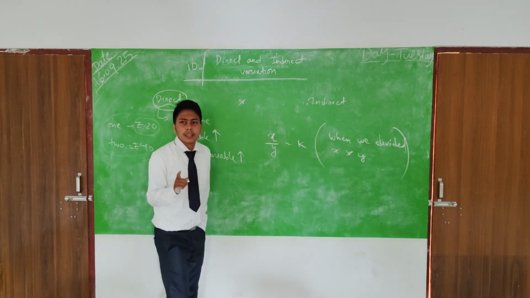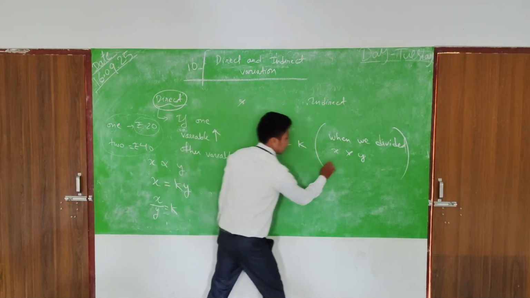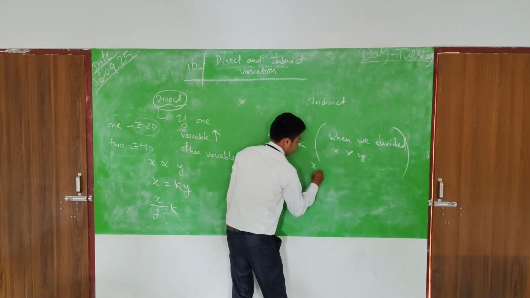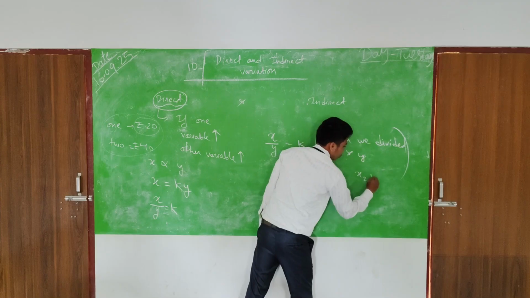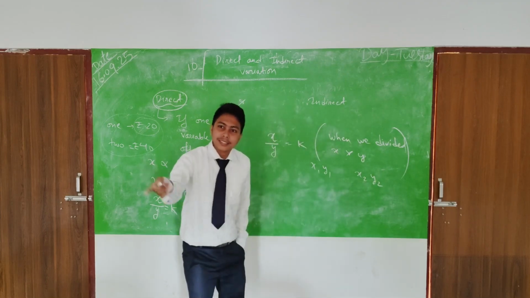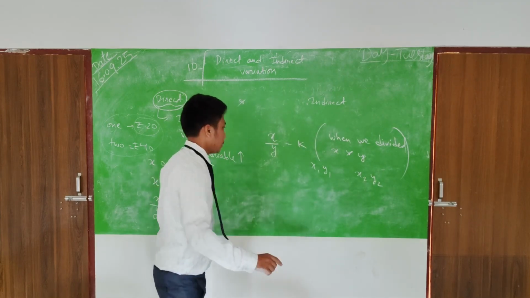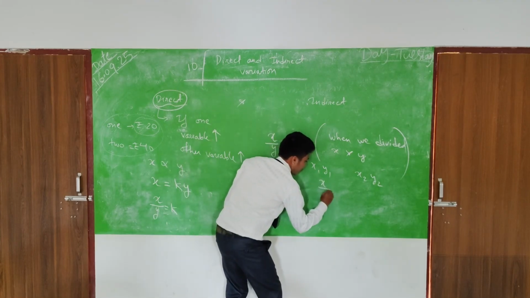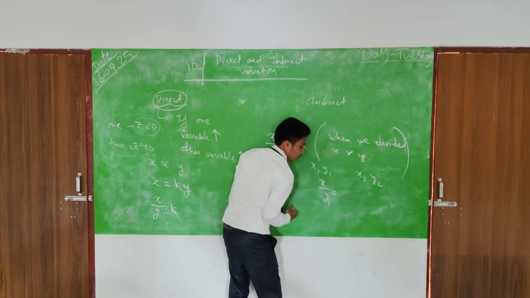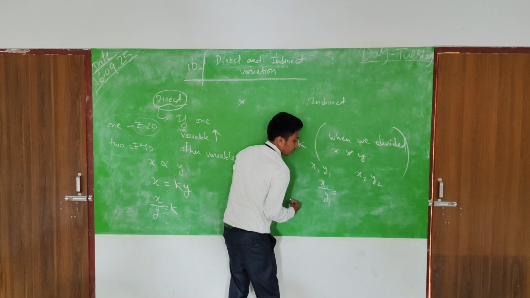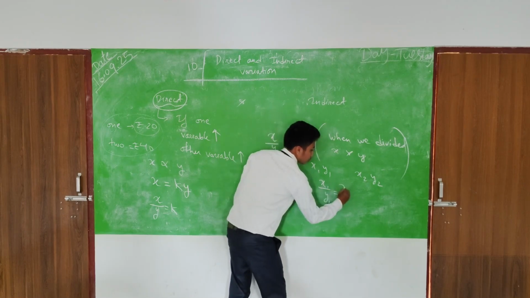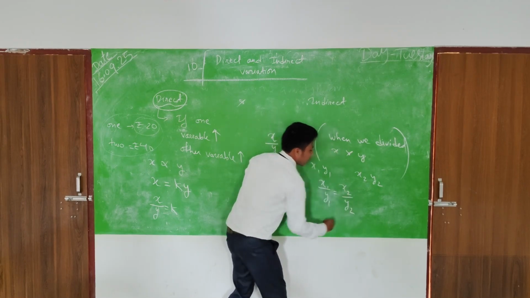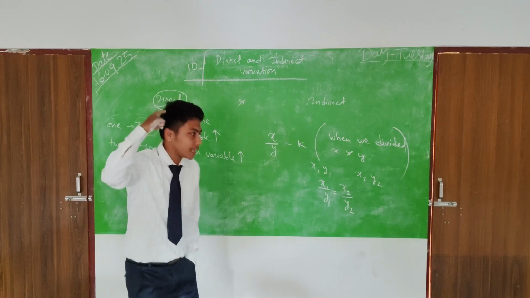That means, if this is x1, y1 of one system, and this is x2, y2 of the same system, when I divide x1 and y1, what will I get? The same as x2 by y2. You are going a little bit advanced, but listen carefully.